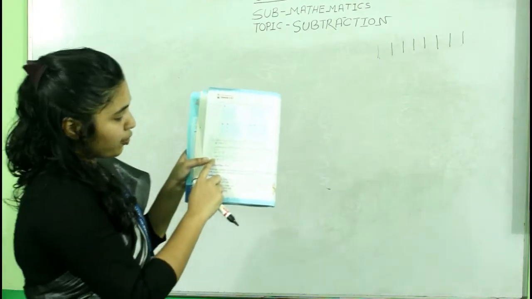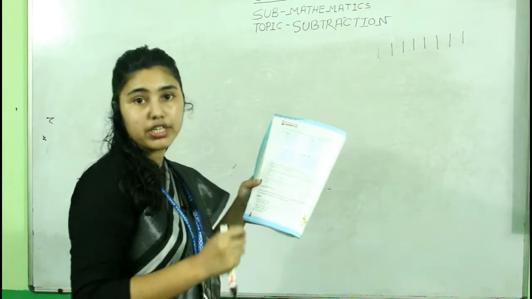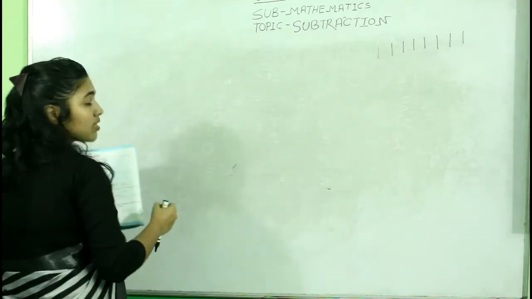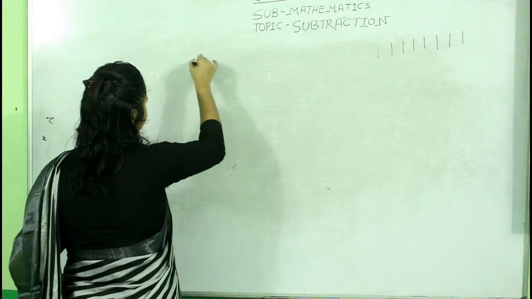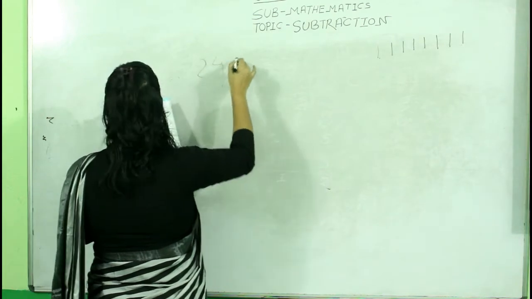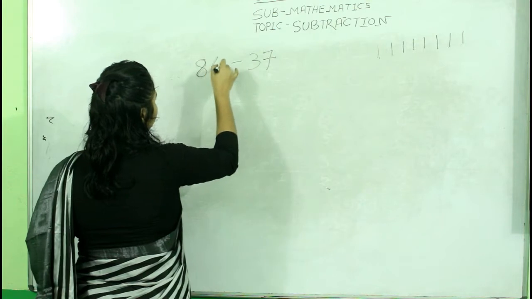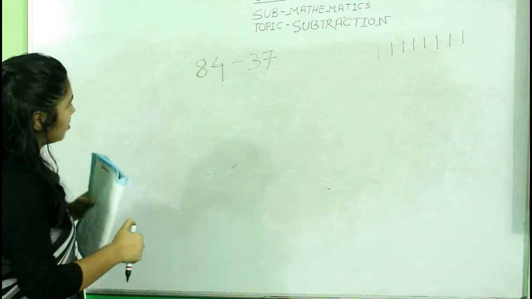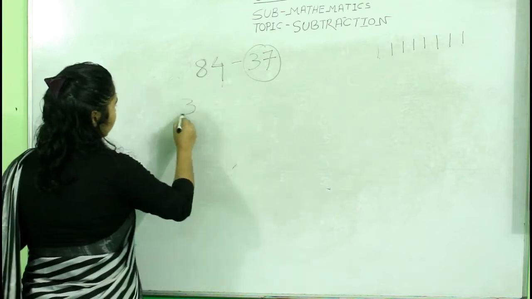Next, question number 4. Subtract each of the following by counting on. So what is the meaning of counting on? Suppose you have to subtract 37 from 84. Take this smaller number 37.